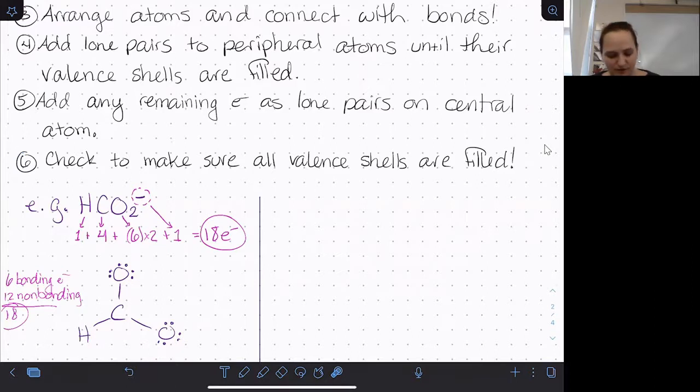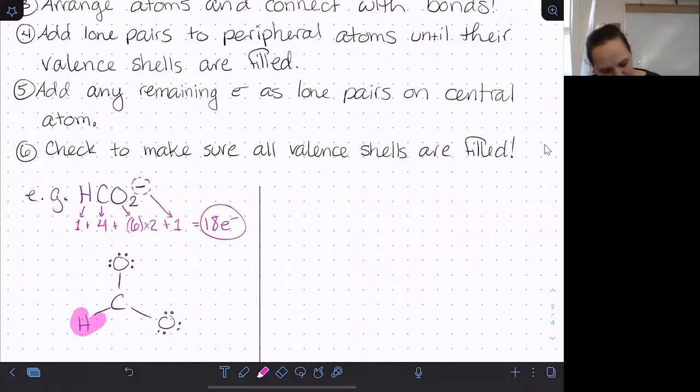So that brings us to the end here, where we want to check and make sure that all of our valence shells are filled. So looking at our various atoms, this hydrogen has access to the 2 electrons in that bond. 2 electrons is all that hydrogen wants, so that one is good. The oxygen atoms have their 3 lone pairs plus the bonding pair for a total of 8, which is good.